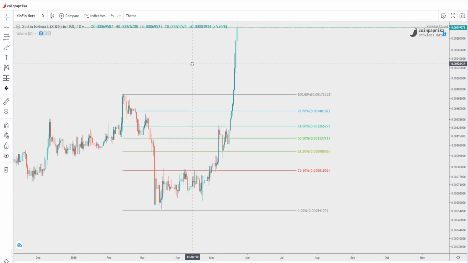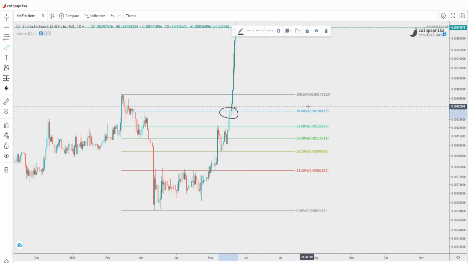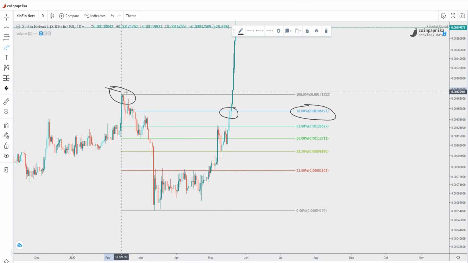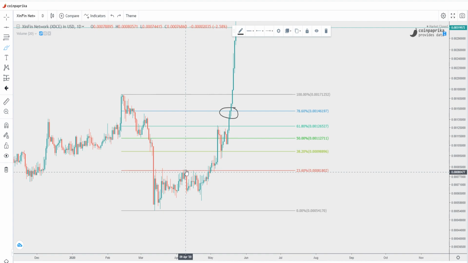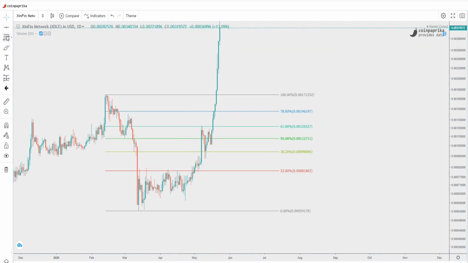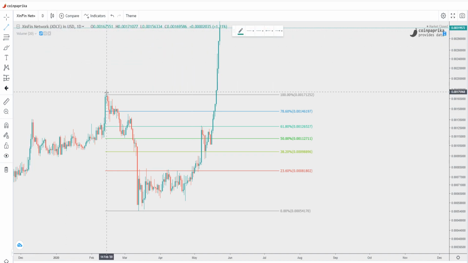Okay, another thing about why I'm using the Fibonacci here: as you can see, we had attempts from the sellers on the 78.6, because they were following the lower high like a picture. This is one of the issues that happens when we draw lines expecting our plan to play out.